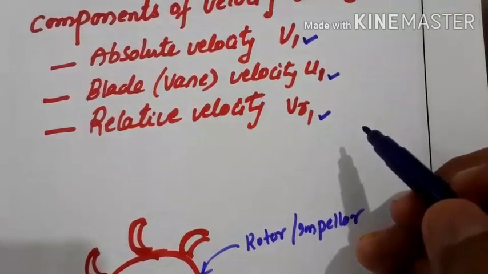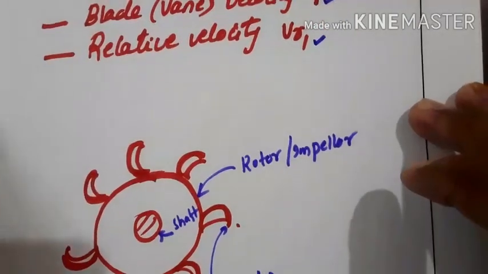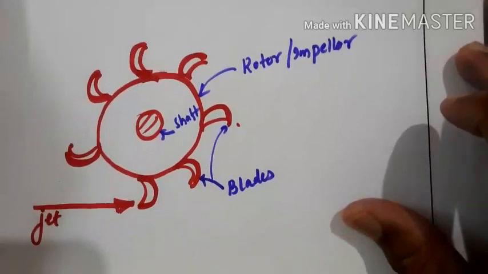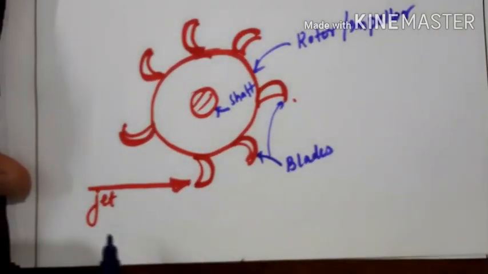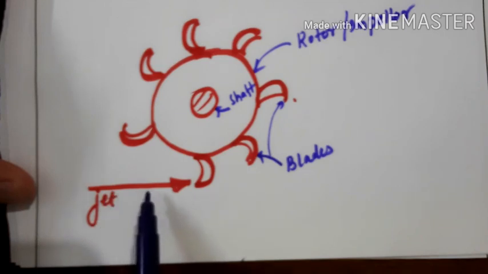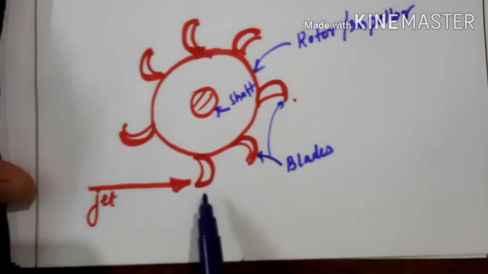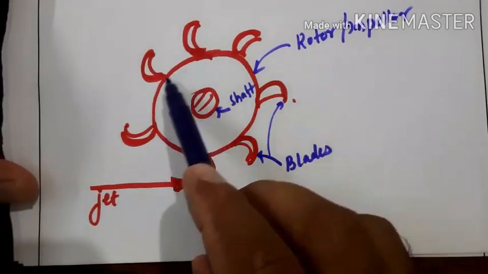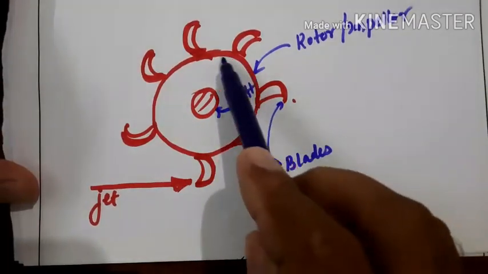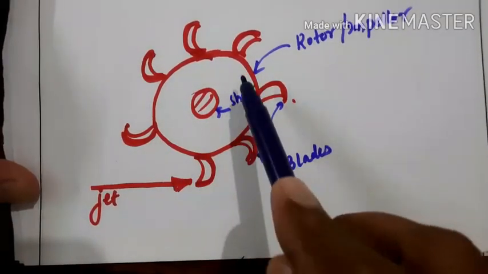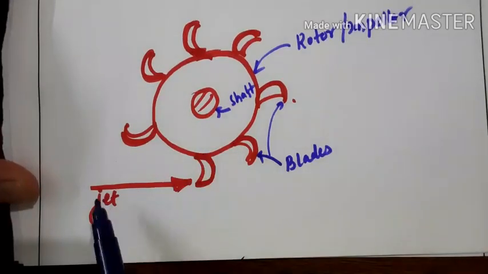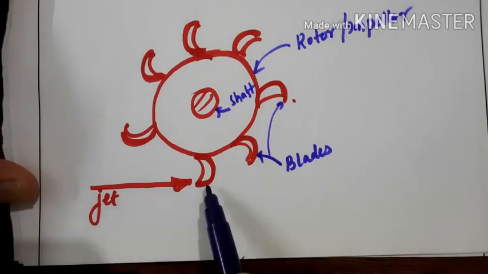As we know from the previous lectures, a jet was impinging water on the blades like this. This is the rotor or impeller of the turbine, since we are considering turbo machines, and the jet is impinging water on the blades.